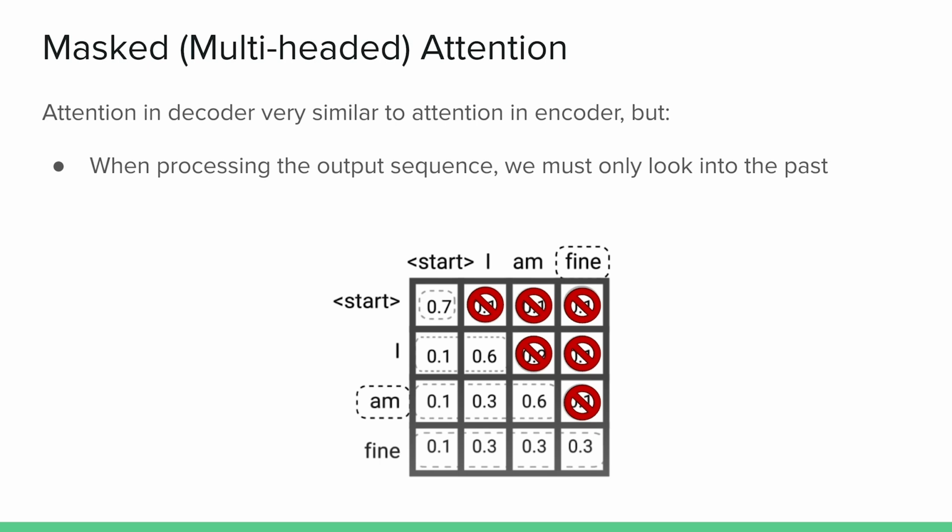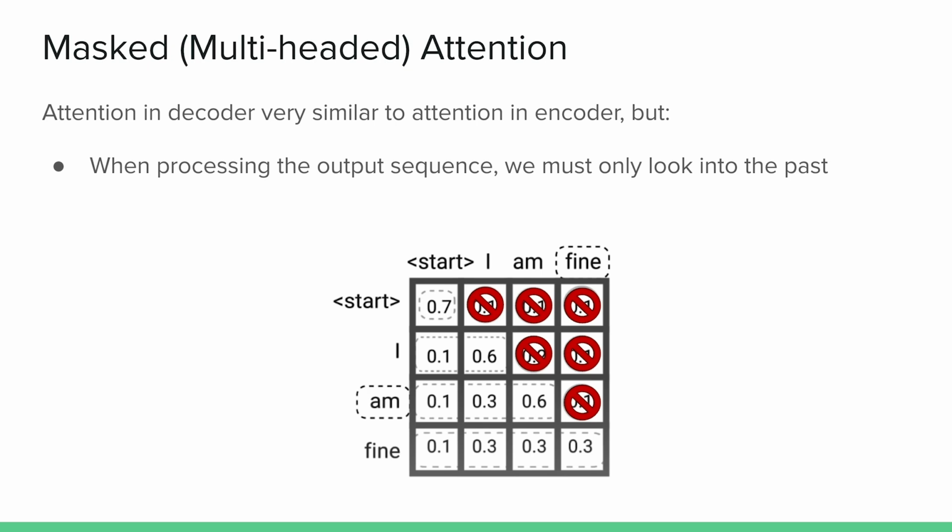And what we have to do now is cut out that part of the information. And given that we, again, feed in our entire sequence, this becomes a matrix where we have to cut out all the words that appear later on in our output sequence. So when we're starting the sentence, "I am fine", we shouldn't have access to the word "I".